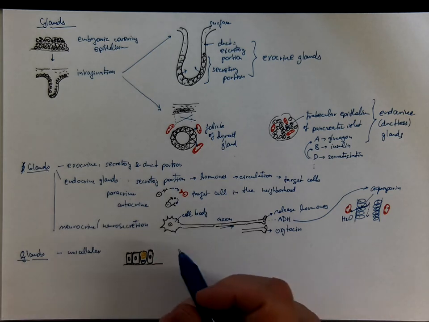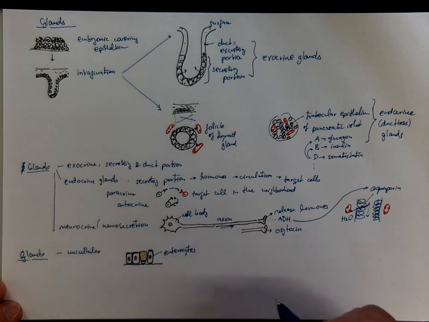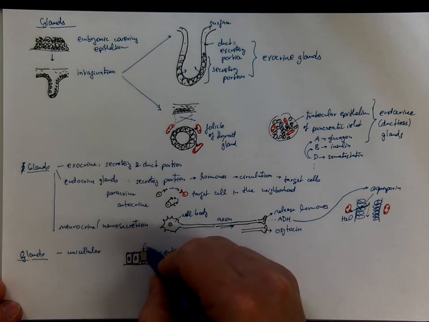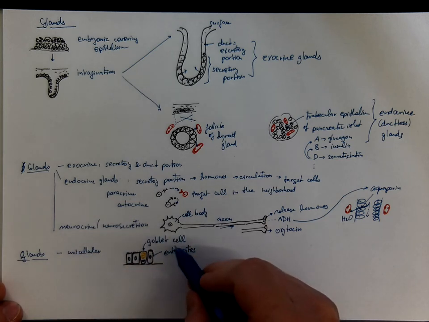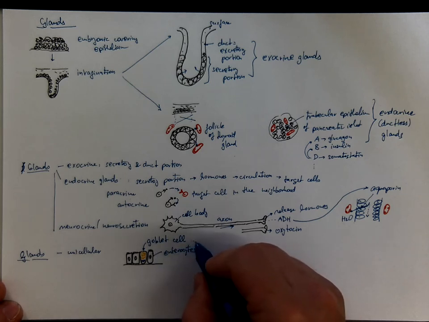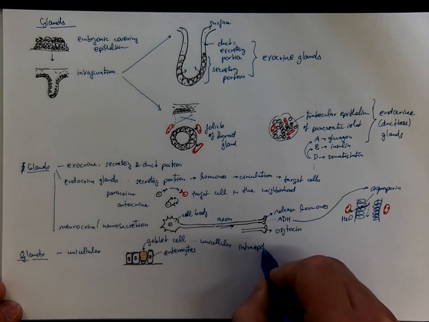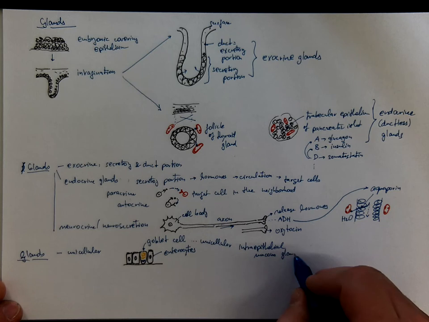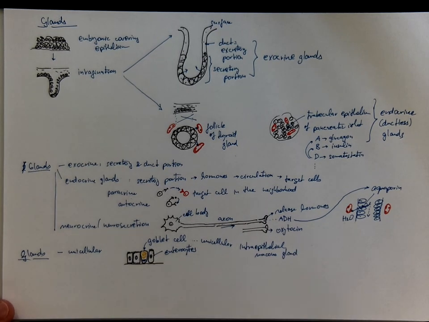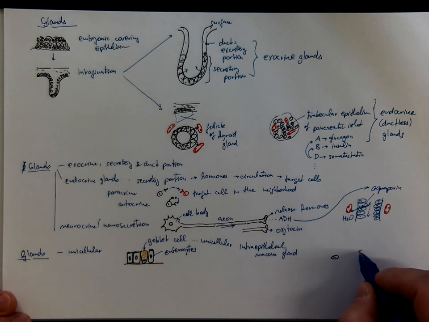So these are the enterocytes, simple columnar cells lining the intestine, and this is the goblet cell, which is a unicellular intraepithelial mucus gland.